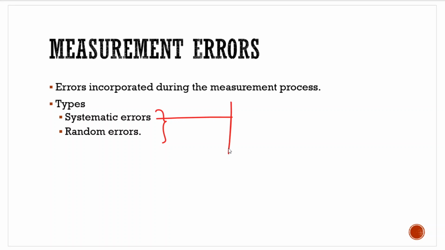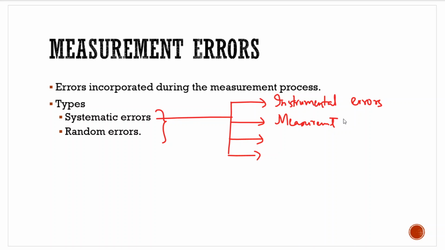As far as systematic errors go, we can again classify them into four different types.